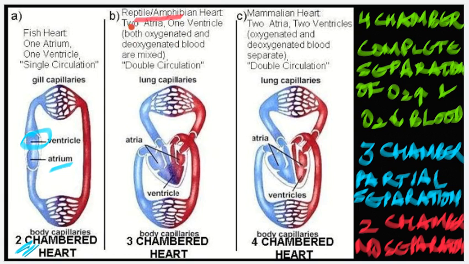In case of reptiles and amphibians, they possess a three-chambered heart. They have a single ventricle, but they have two auricles: the right auricle and the left auricle. The auricles function in the same way as in humans, which means the left auricle in amphibians receives oxygenated blood and the right auricle receives deoxygenated blood.